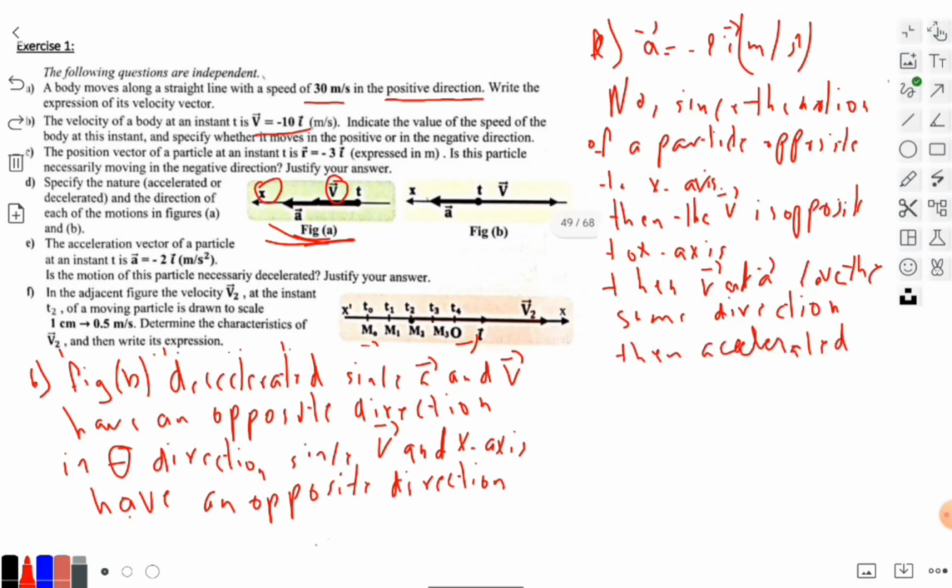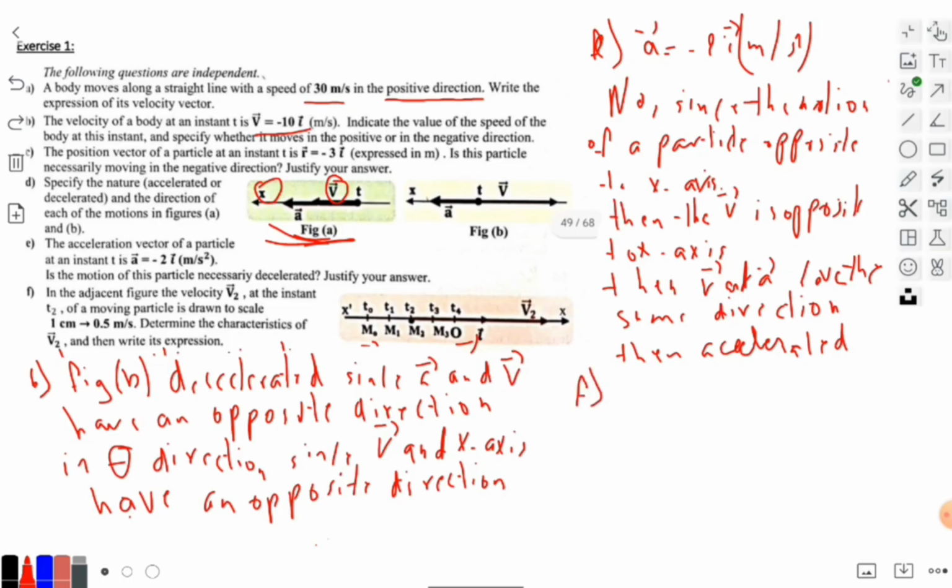This is, for example, if the v vector is opposite to x-axis and a vector is minus, so v vector and a vector have the same direction, then it's accelerated.